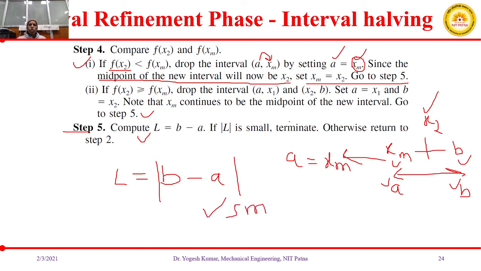If it is very small, what we are supposed to do, we will terminate this algorithm. Okay, so this way we will apply the interval refinement method using the interval halving method.